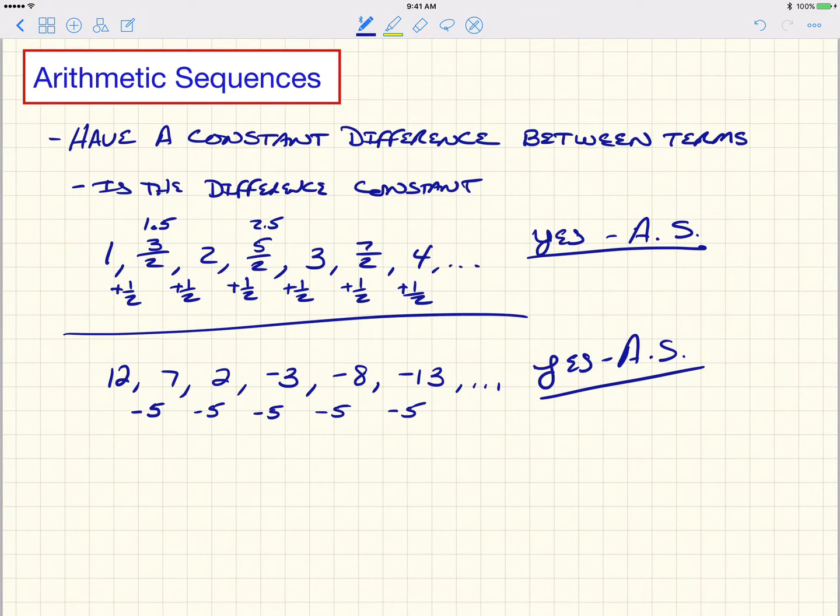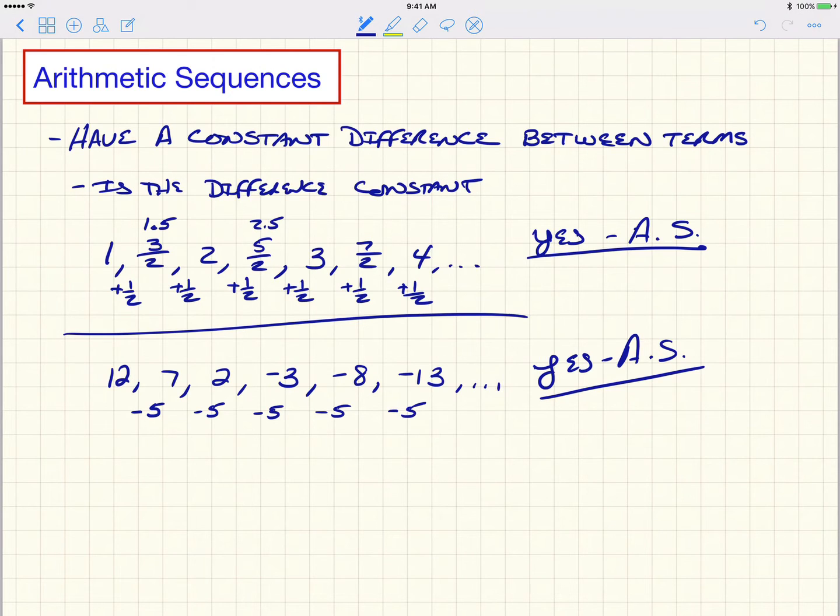Even though the difference is negative in this case, we're still basically drawing a line. My slope in this case is negative, it's -5. I'm still describing a linear progression between values.